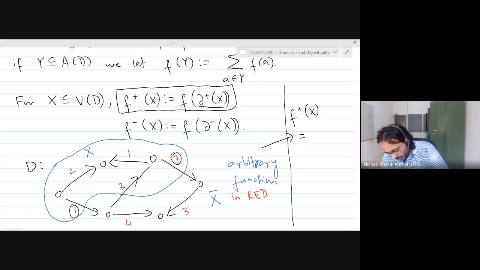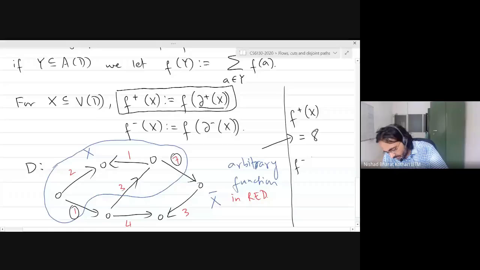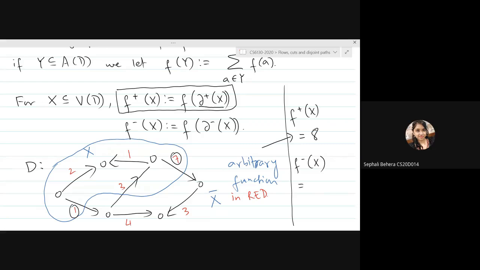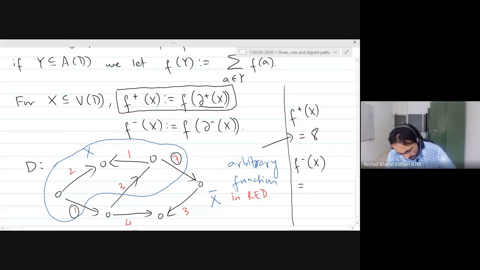So that is equal to 8. Okay? And what is f minus of x? Anyone else? What is f minus of x? 3. Exactly. Because there is only one arc coming from x bar into x. So you just sum up those numbers, which is equal to 3.